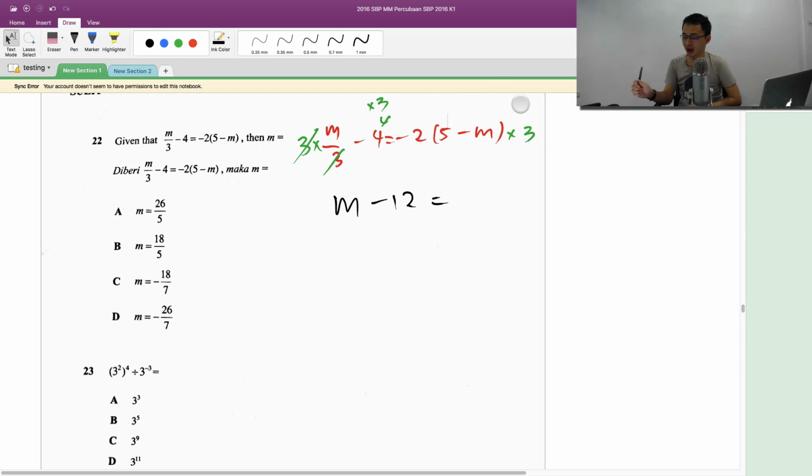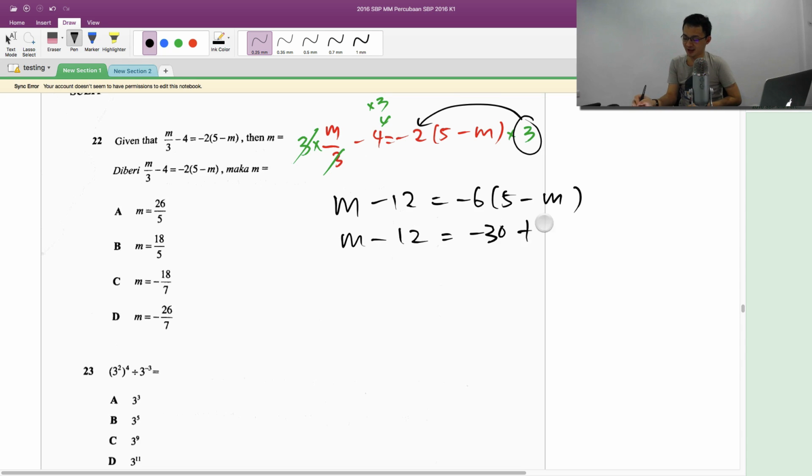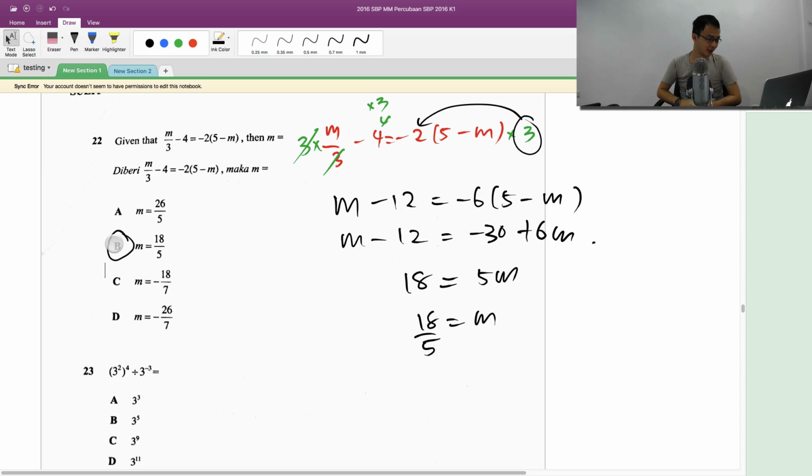You only multiply one of it. So I will multiply 3 to the negative 2 only. So I will get negative 6, 5 minus m. Okay, then I solve this one. I get negative 30 plus 6m. Then 6m minus 1m is 5m. This one, positive 30 minus 12 is 18. So m is 18 over 5. So answer is B. Okay.